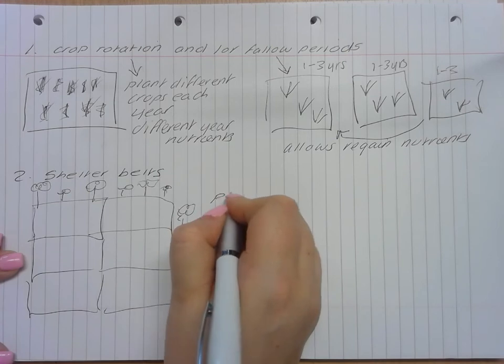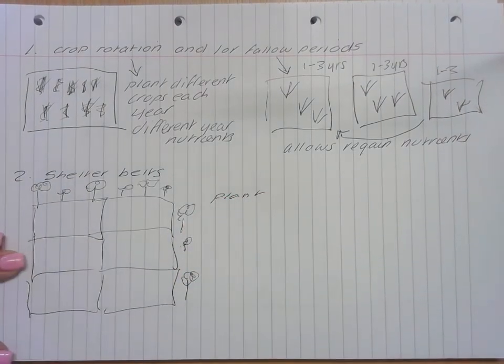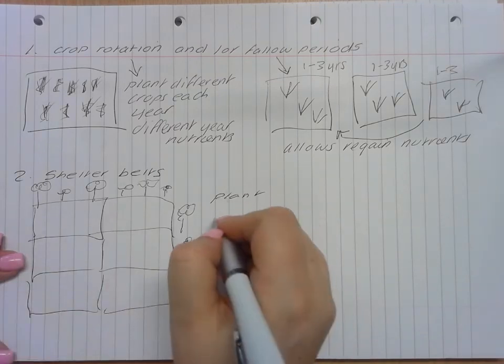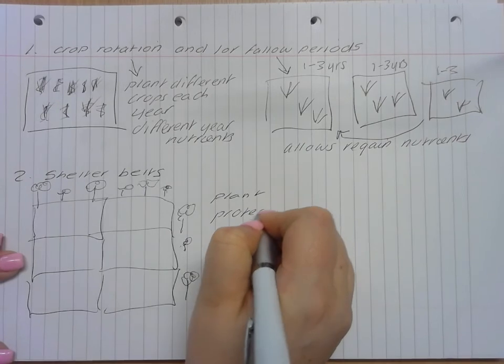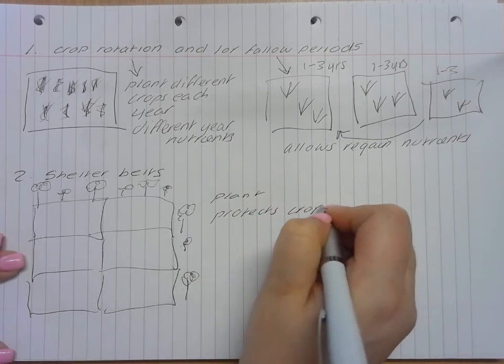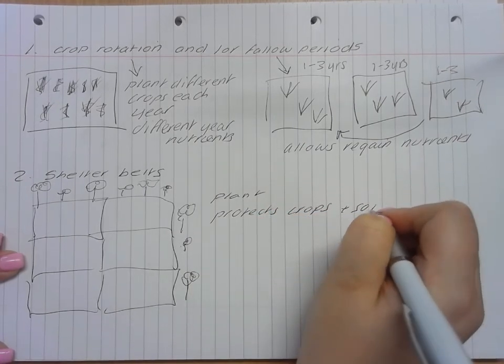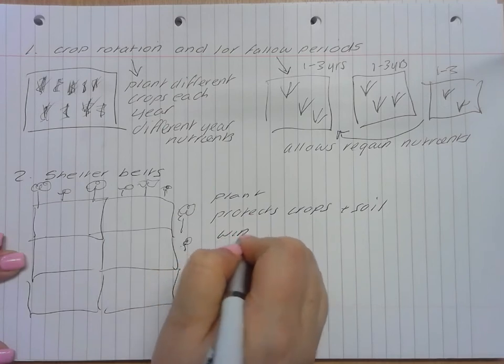So you plant around your fields, and it could be forest or hedges, and it protects crops and soil from wind and rain.